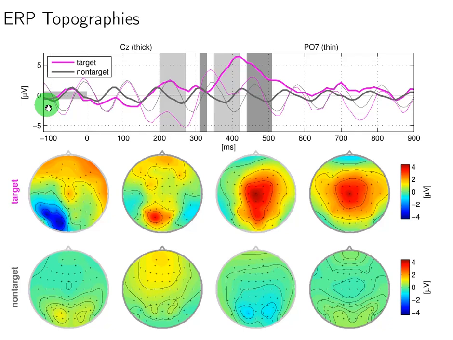First, we can take a look at the time series representation of the dataset, and just select the time segment of interest, for example from 200 to 260.